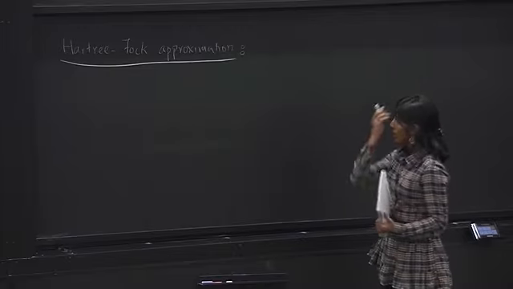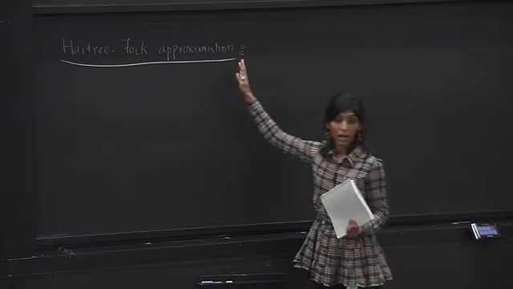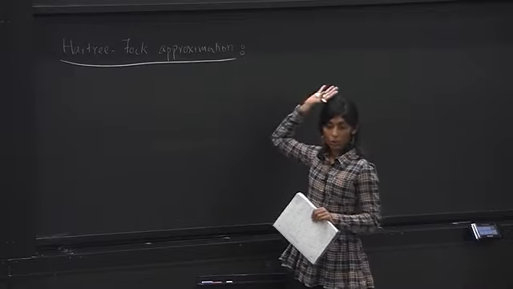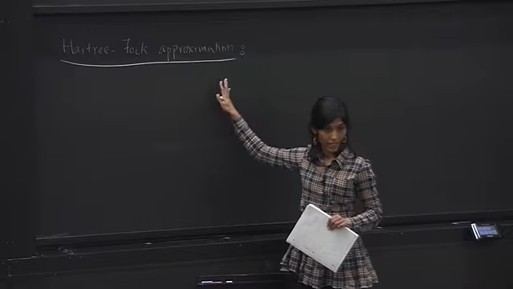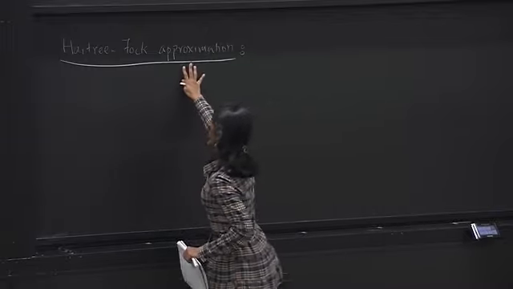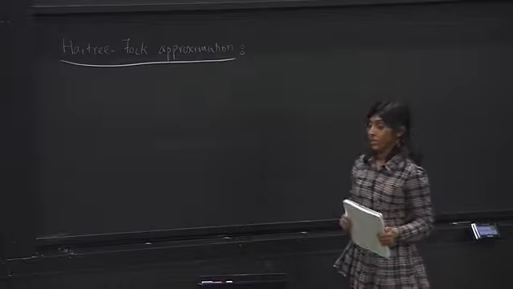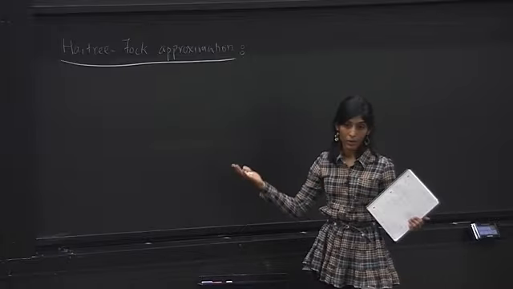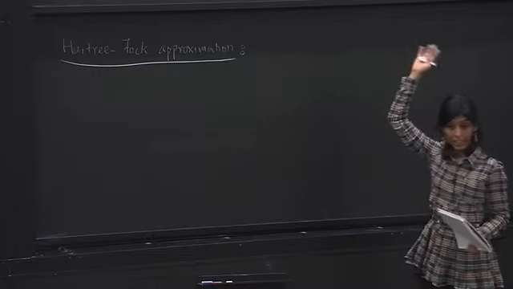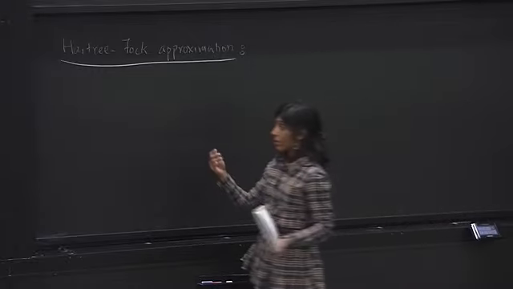Okay, so I'm going to do a bunch of the algebra on the board, but before I do it, let me lay out what the plan is, what I want to get to, how I'm going to do it, and then I'll go through all the algebra on the board. Okay, so the Hartree-Fock approximation says, well, we don't know how to solve a generic quartic Hamiltonian like that. It's just too hard. So let's start with a guess.